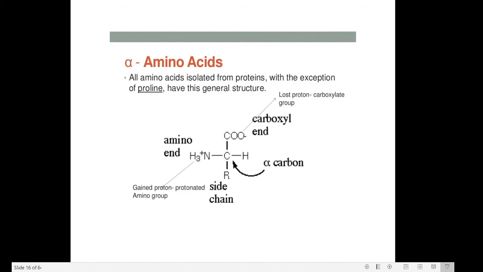Then the amino end is NH3, then the side chain, the functional group R. The R functional group is the basic interacting site for the various amino acids. Amino acids have the backbone NH3, CH and C double bond O, which is the same for most amino acids. The functional groups alone vary between amino acids.